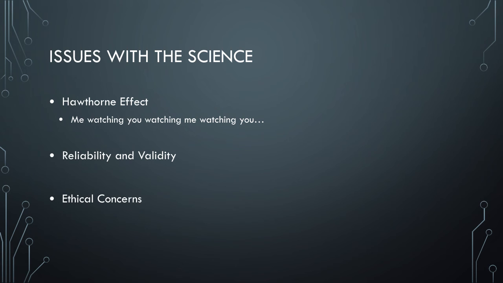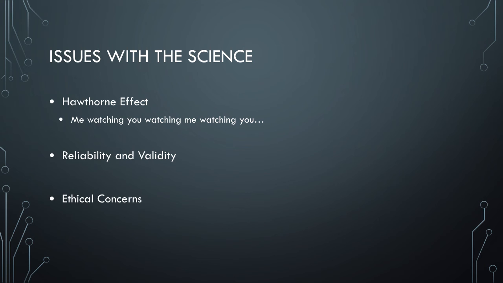Reliability and validity are also key issues. Reliability simply boils down to how likely it is that a study we conduct can be repeated. That if we go to a particular cafe, we're going to see the same patterns of behavior day after day. Likely we will, but we need to be sure that our findings are reliable.